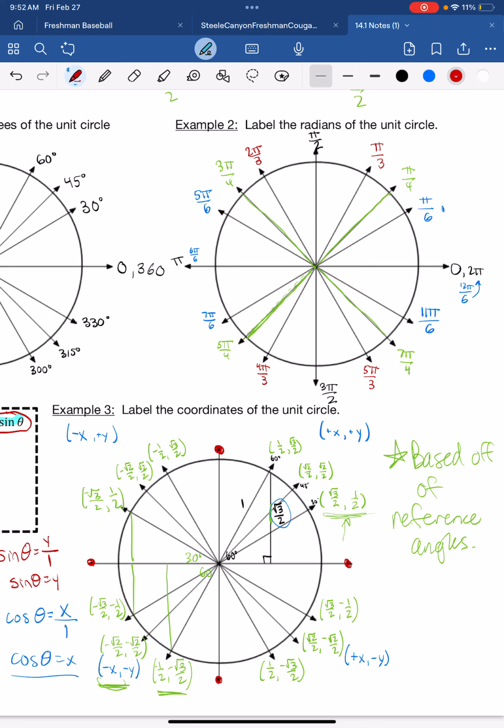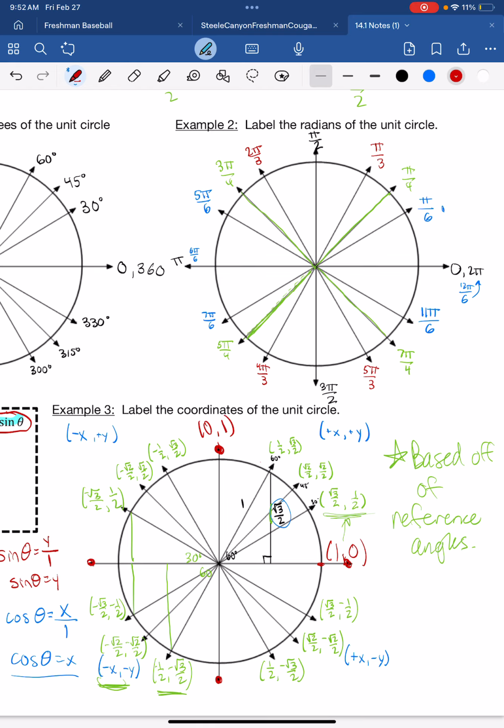What we end up with here is, since we went to the right one to get to this point, and then we didn't go up or down, our coordinate here would just be an x of 1 and a y of 0. Okay, x of 1 and a y of 0. This one up top here, right? We didn't go left or right, so our x-coordinate would be 0, and then our y value would be 1.